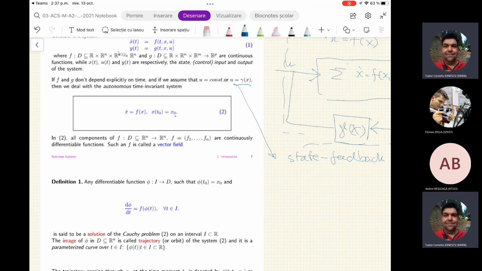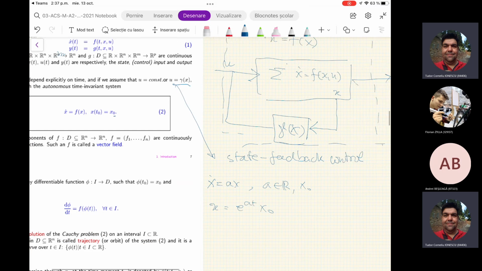If you remember last time we discussed, if you have x dot is ax, this is linear, with a real constant, and the initial condition x naught. You remember that the solution x is e to the power at times x0.